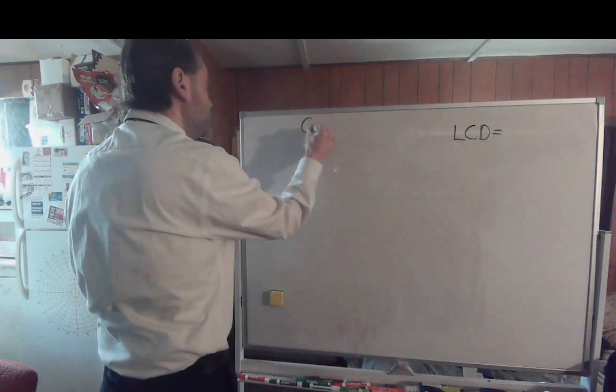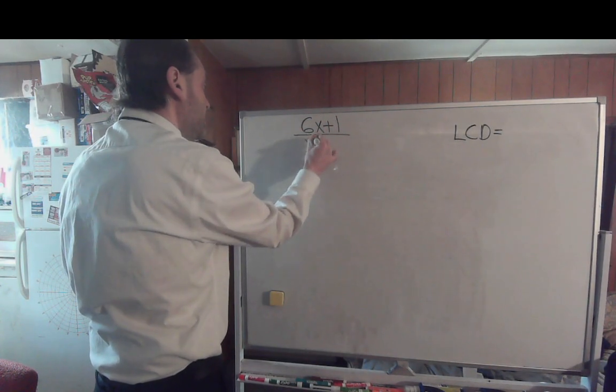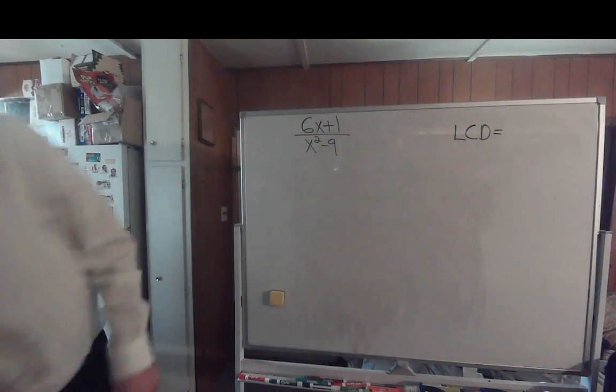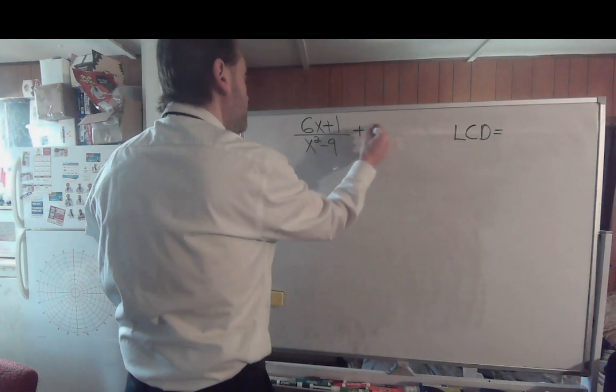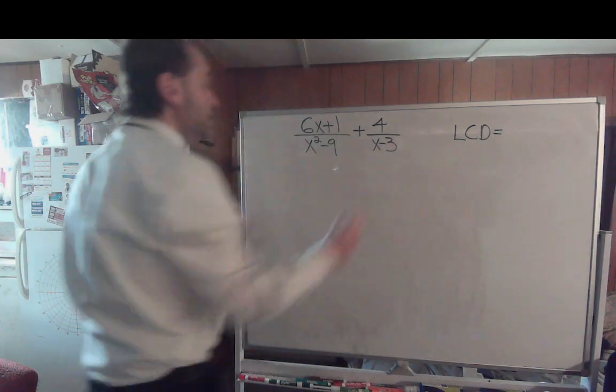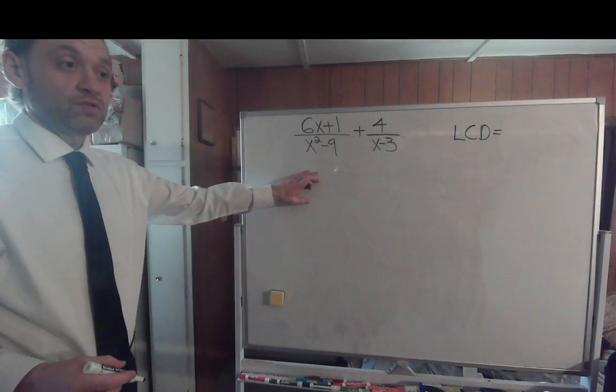Alright. We have 6x plus 1 over x squared minus 9 plus 4 all over x minus 3. In these situations, we know x squared minus 9 will factor, right?